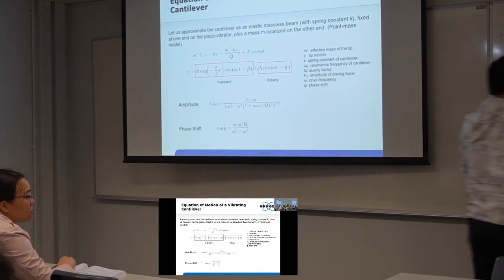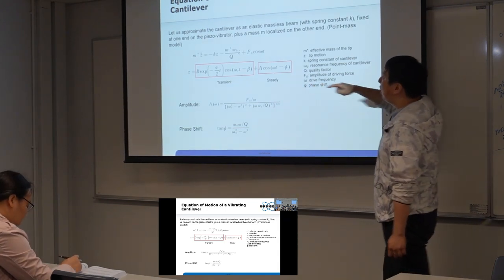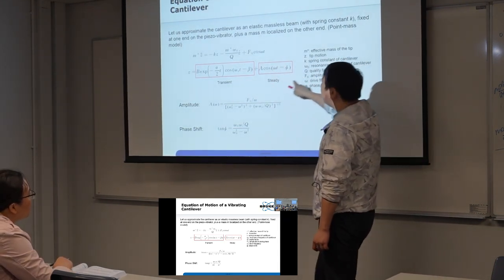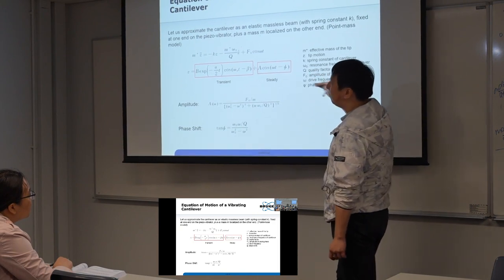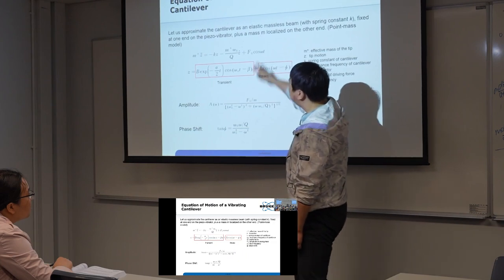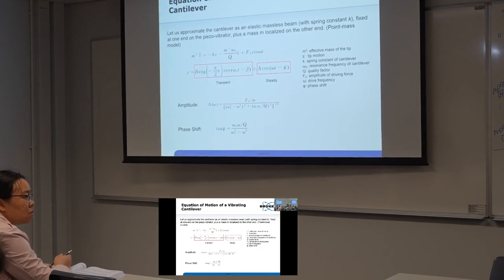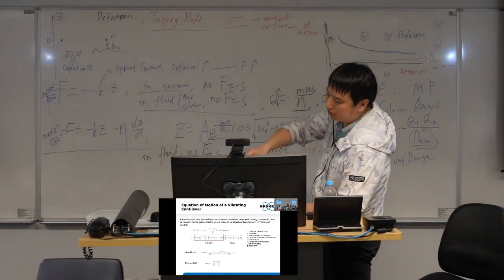And the steady solution is we drive the probe to oscillate at a defined frequency. This defined frequency, we call it the drive frequency. That's the final solution of the movement of the probe.